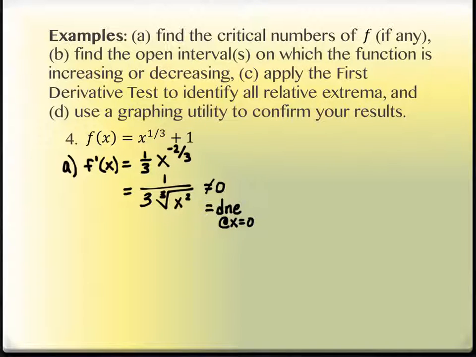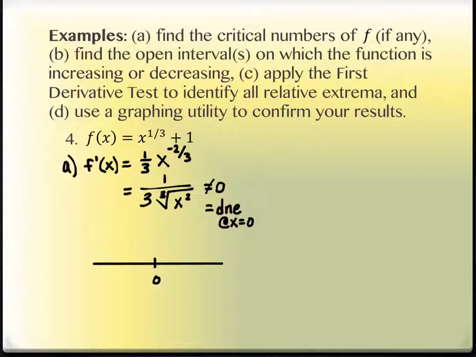Agreed? The only way a fraction would equal 0 is if the numerator equals 0 and this numerator is 1. So the denominator equals 0 is the does not exist location, but the numerator never equals 0. So we only have one possible value where it could be changing from increasing to decreasing. So there's one critical number possible, x equals 0.